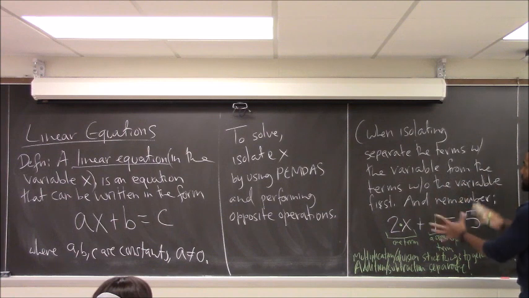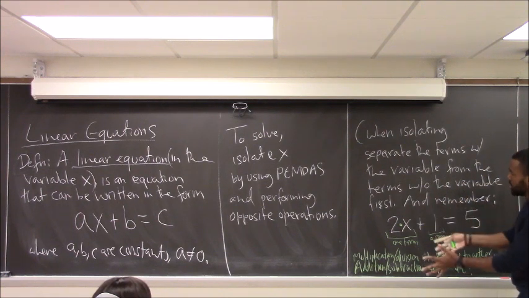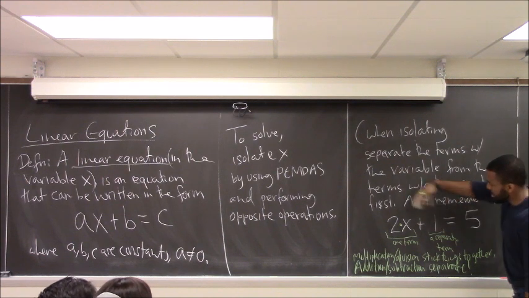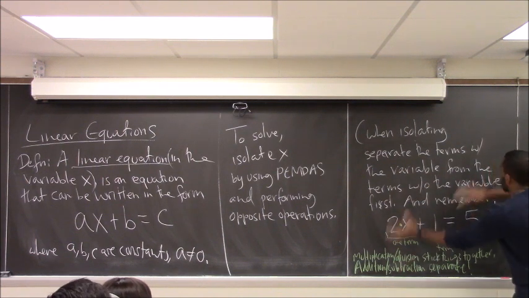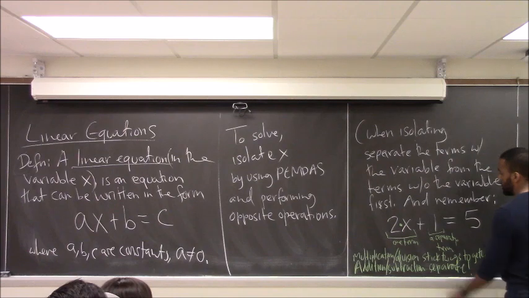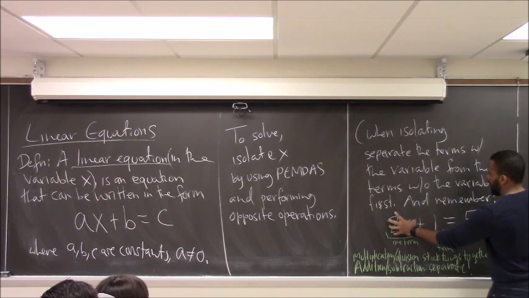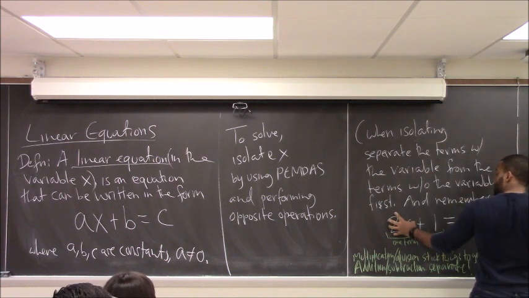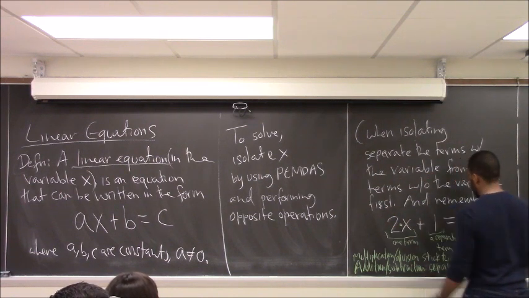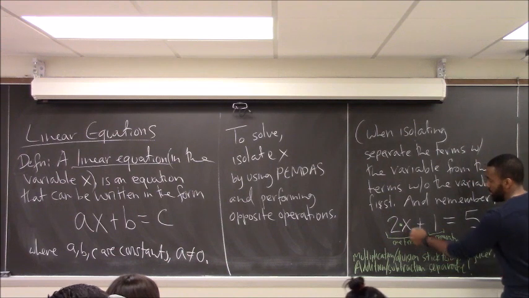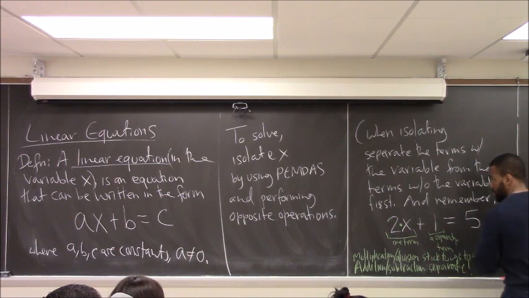So when it comes to isolating things and figuring out how do I keep things on one side that has the variable, things that don't, the first thing you want to do, anything that's separated by addition or subtraction, get rid of them first. Because the variable is really attached to the term it's multiplied by, so you have to move everyone else from around it, and then you deal with that separately. And that you can deal with by doing a division after you do all the other things.